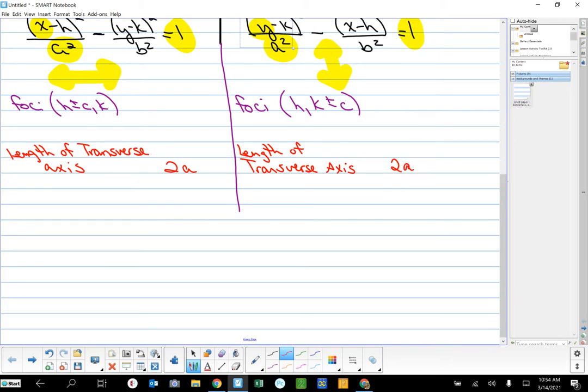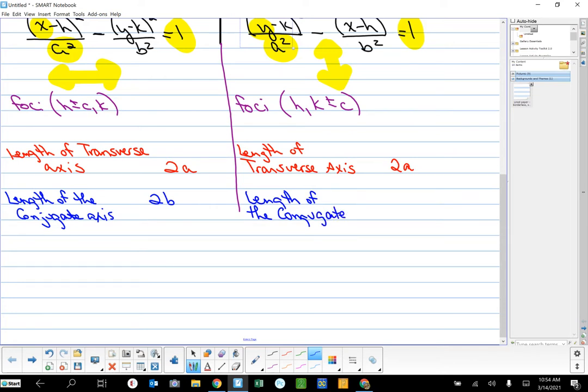And the other axis is called the conjugate axis. That's 2b, just like it was. Conjugate.